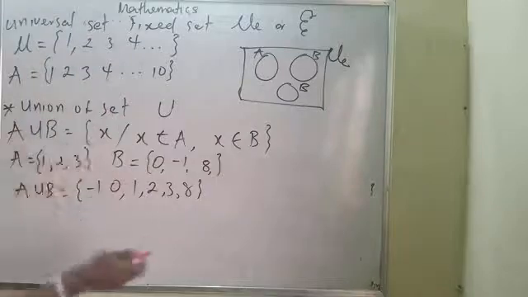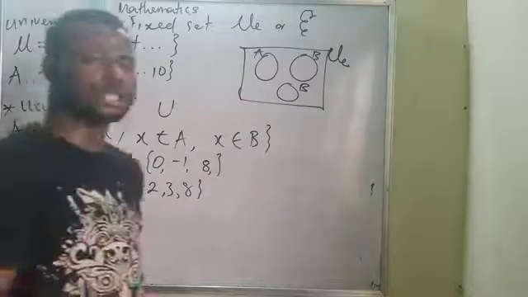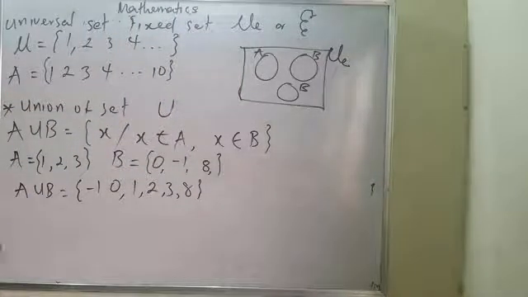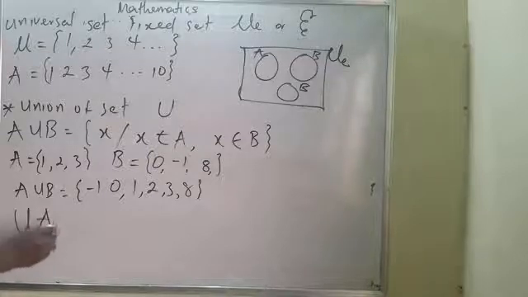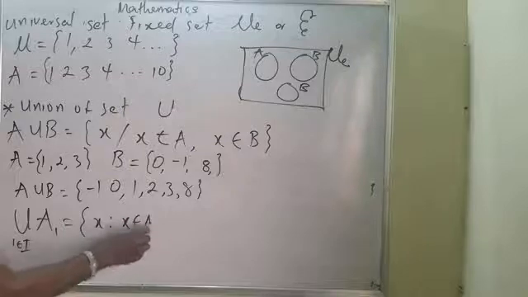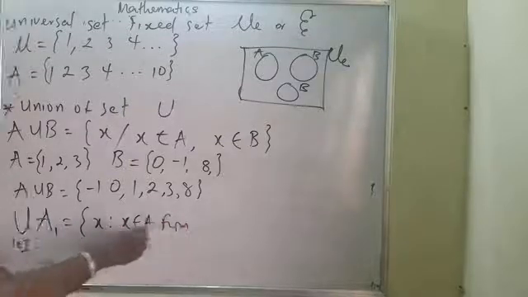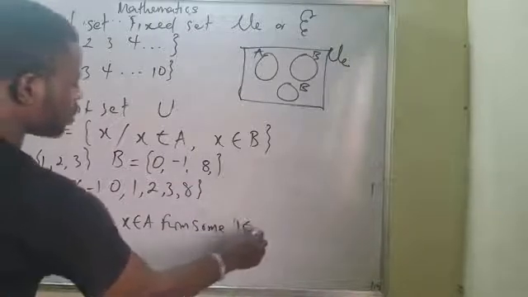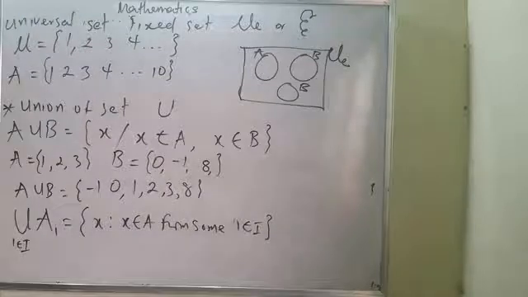Now, in an advanced way, when we talk about it in topology, because I'm relating all these things to topology, I'll have the union over i belonging to the index set I of A_i equals x, that is to say, x belongs to A_i for some i belonging to big I. This is how I will write it in the advanced way.